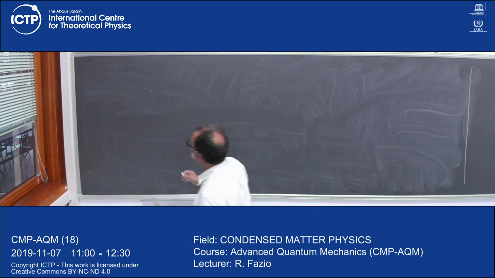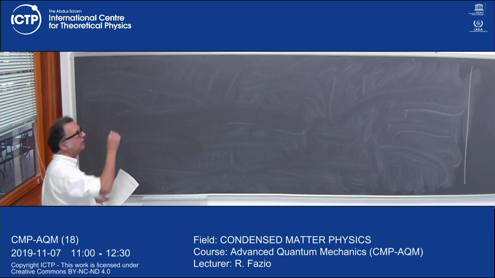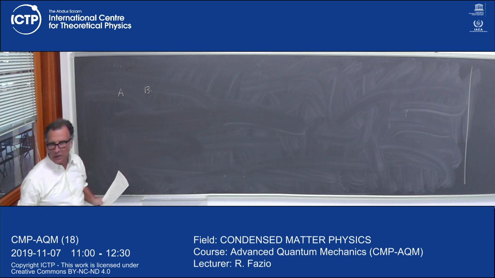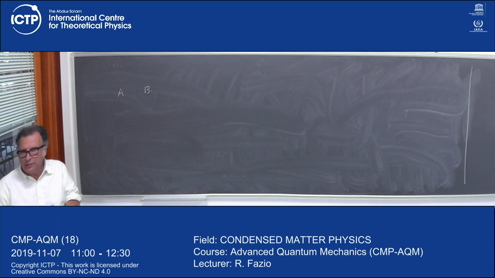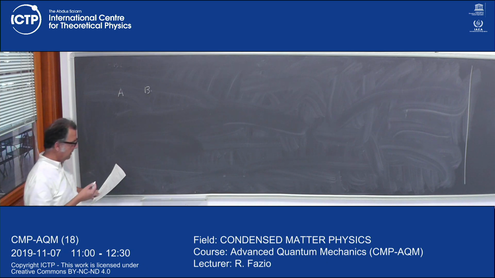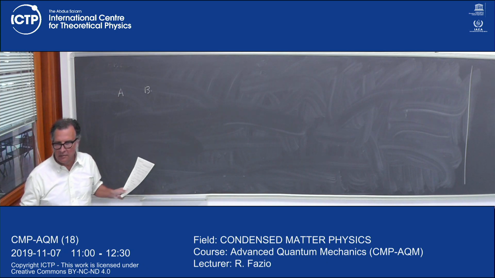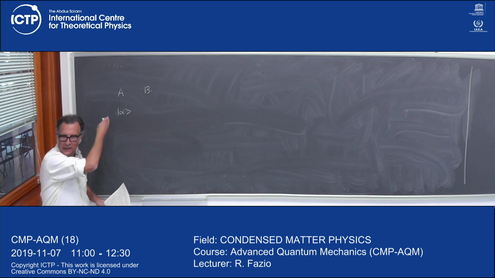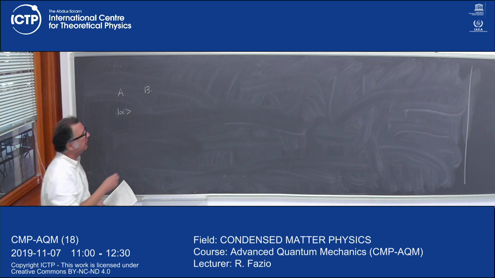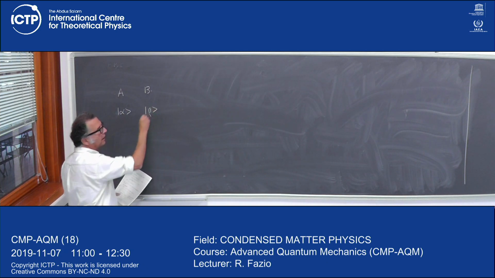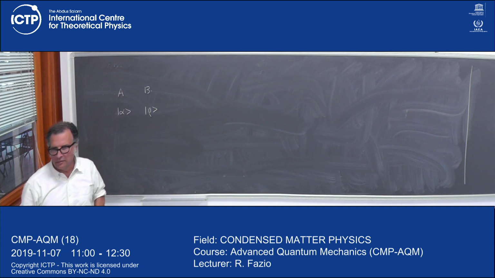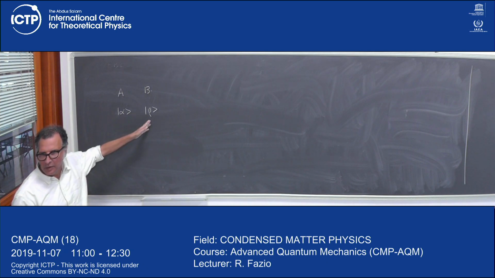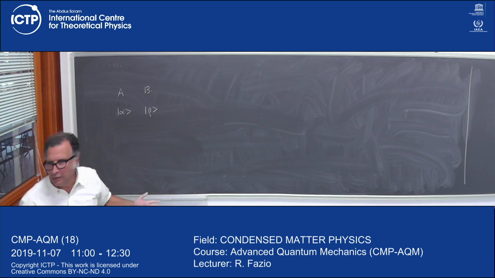Suppose that I have a system composed of two parts, A and B. These can be spin A and spin B. I have two bases: the basis alpha related to part A, and the basis beta related to part B. If these are spins, this will be up-down for spin A and up-down for spin B. If it's higher dimension, it will be whatever.